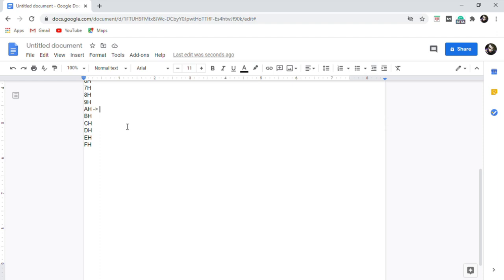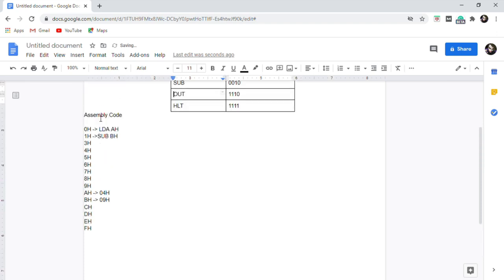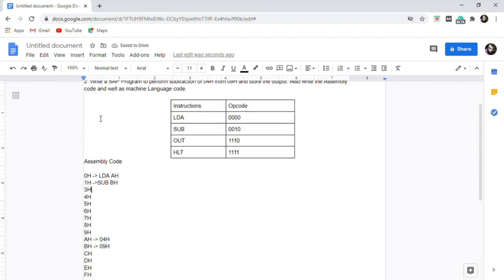So I'm going to write here 04H and then after, SUB 9H, 09H. So we have loaded our actual data into the memory. We have loaded the addresses over here, and then after these addresses we load the actual data. We are going to perform the actual operation.